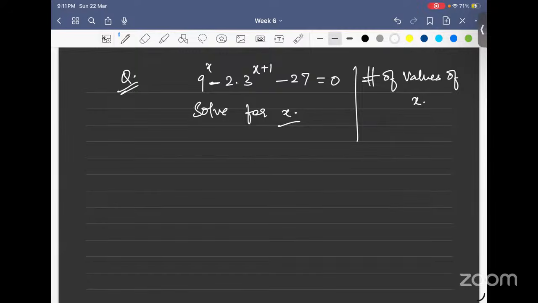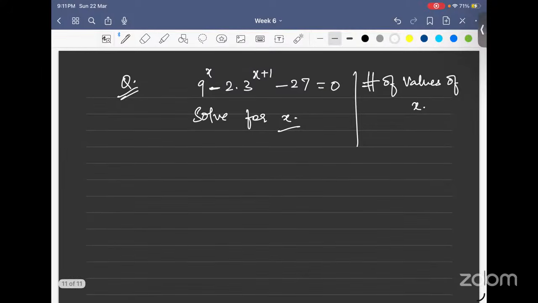One value of x is 2. Yeah, whatever the other, 3 minus 3 is coming, I believe. My other is 1. No, 1 will not satisfy. I can't see 1 satisfying here. If I put x equals 1, 9. x is 2 is satisfied.